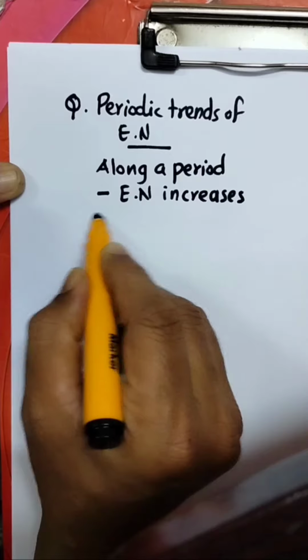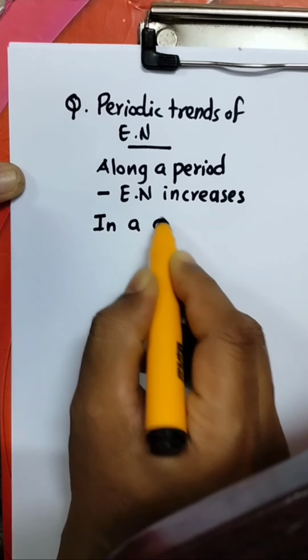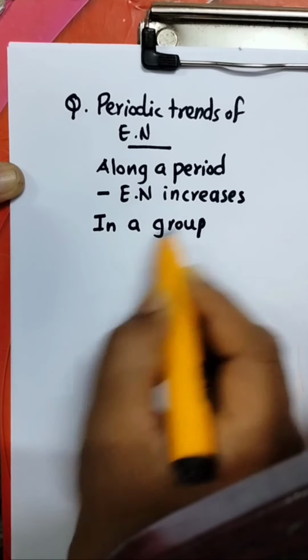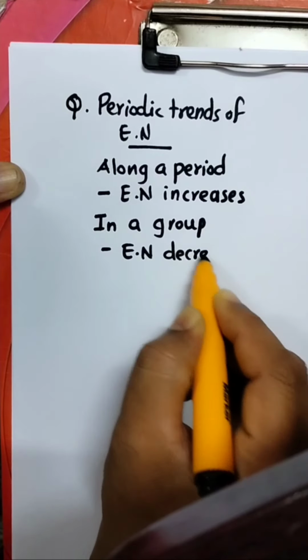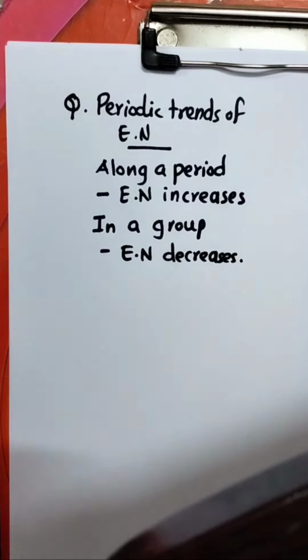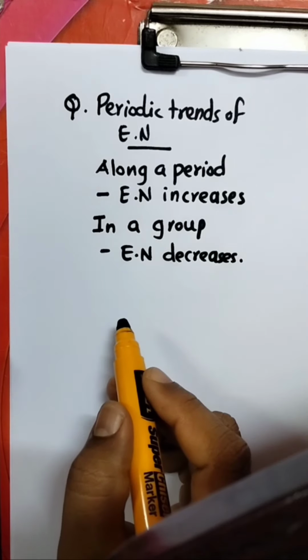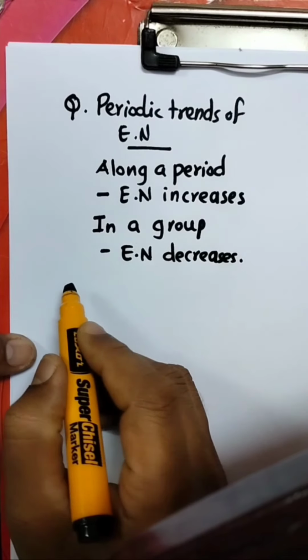In a group from top to bottom, electronegativity decreases. These are the periodic trends of electronegativity.